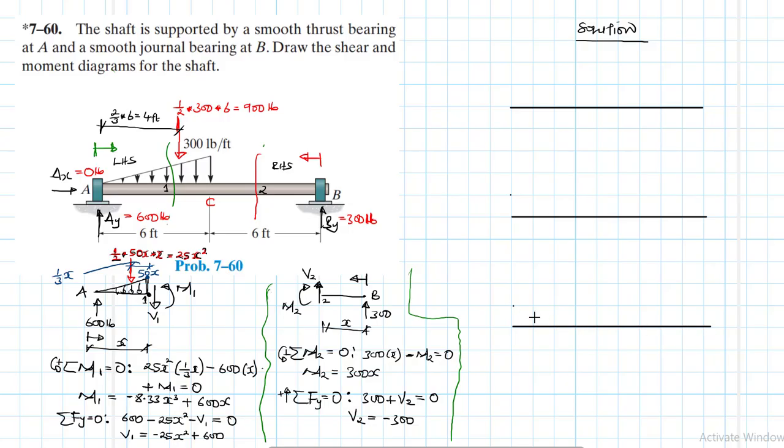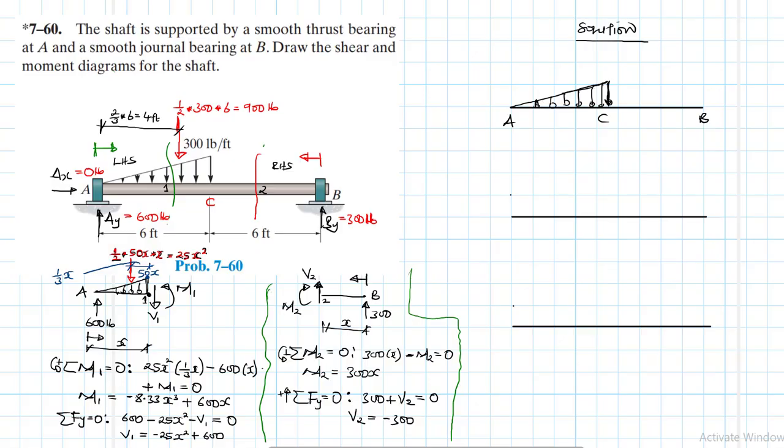Great. I think this is fine. There we go. So we have this point. We call this point A. Then we have C. Then we have B. And then we have a loading. A triangular uniformly distributed load like so.